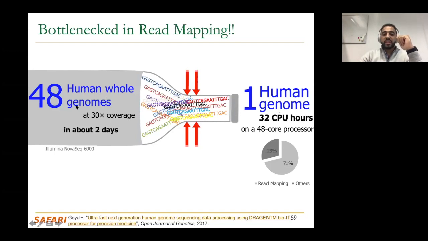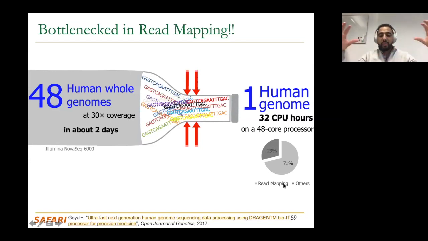The sequencing machines are doing really great. But when we analyze what is causing this bottleneck at the CPU side, we find that 71% of the time, about 23 of those 32 CPU hours, is spent only in read mapping.